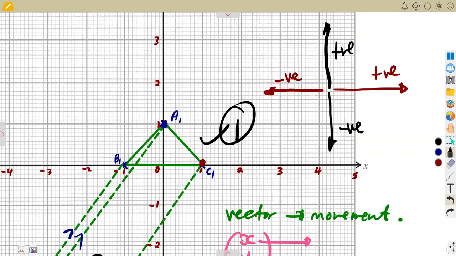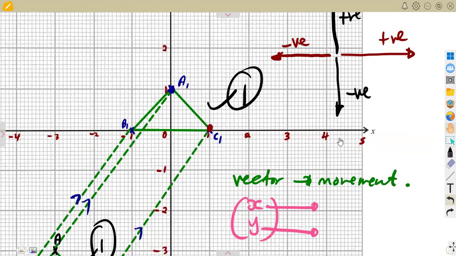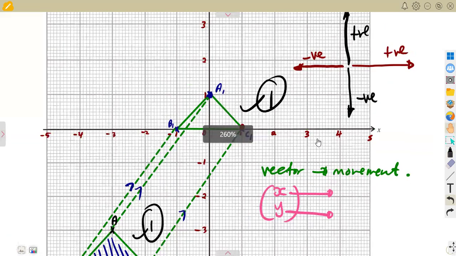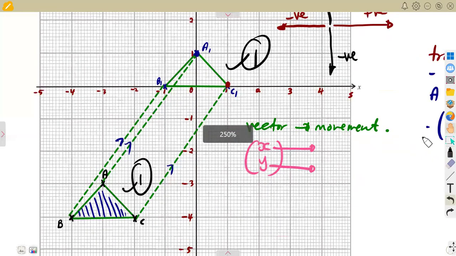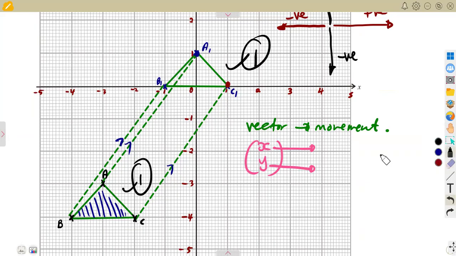So with this idea, let us try to see how we can determine the translation vector, not by calculation, but by movement, because a vector is a movement. So a translation vector also can be determined by movement.